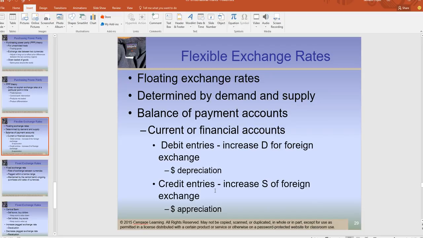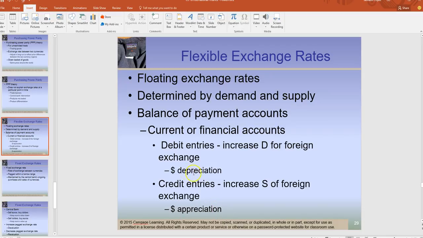So we sell the airplanes. The Europeans buy dollars and pay us in dollars. So they offer more of their own currency, which depreciates the euro, and buy dollars, which will appreciate the dollar, as it says here. So that is what happens in the real world.